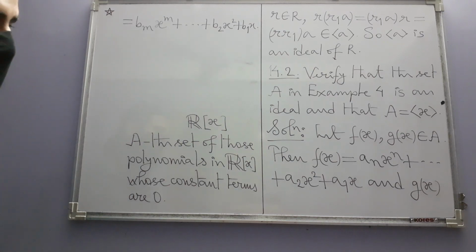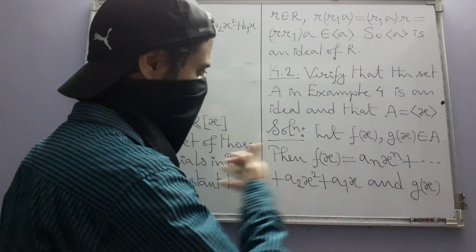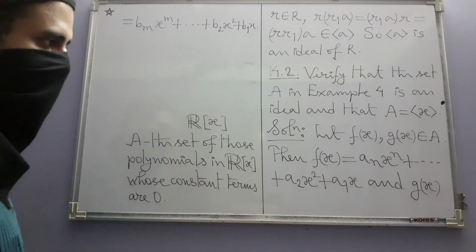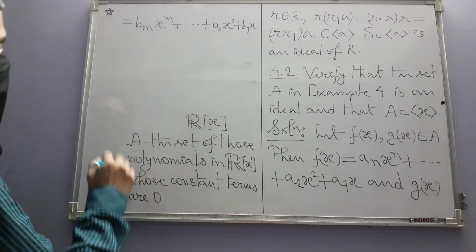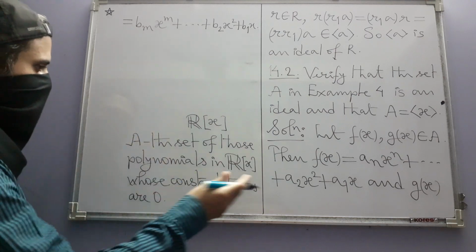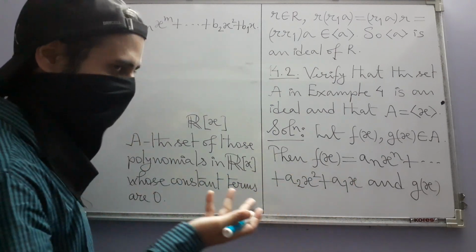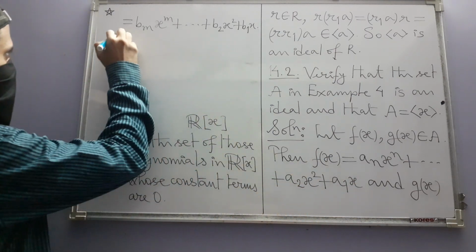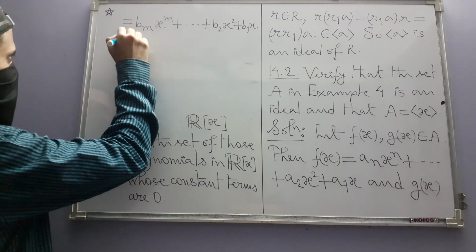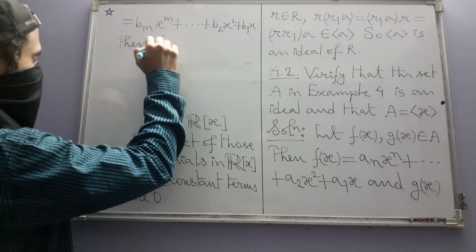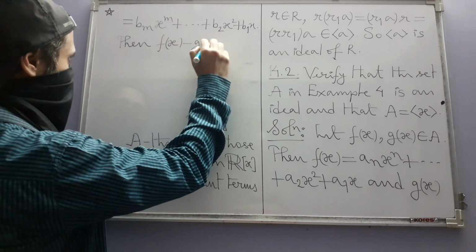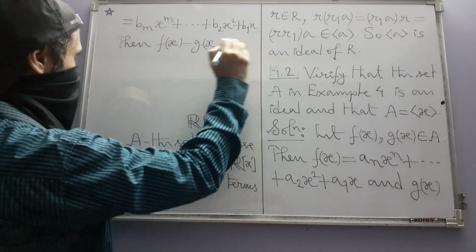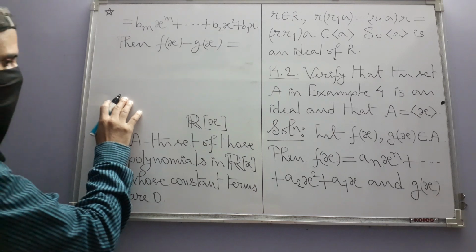We have to see that the difference of these two polynomials is again a polynomial whose constant term is 0. And the difference, I mean, you can of course see that that is the case, but still, let's write systematically then f of x minus g of x will be equal to what?